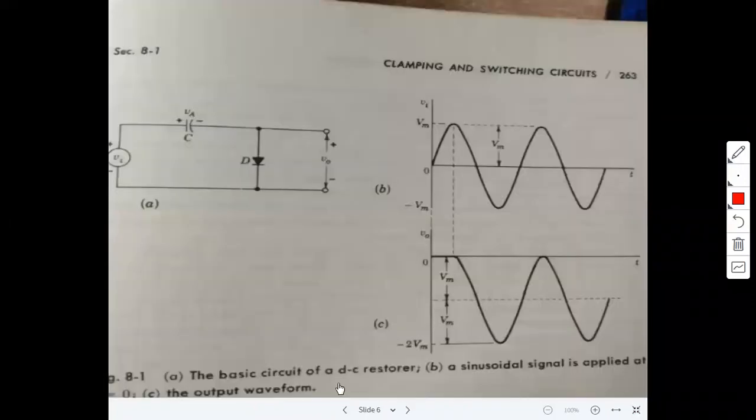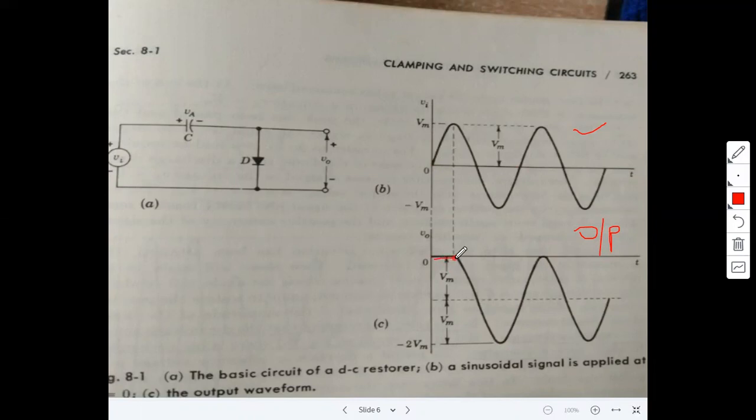Okay, when we draw it clearly, this is the negative clamper circuit. This is the sinusoidal signal, and when we draw it to scale, this is the output waveform. This is the input signal and this is the output signal, right? Now it is clear. The observation here is that during the first quarter cycle, output is equal to 0.